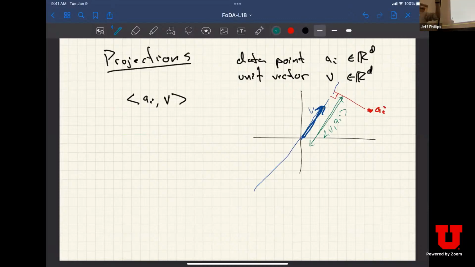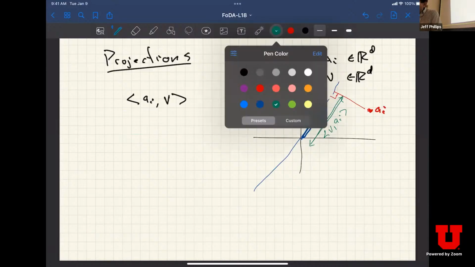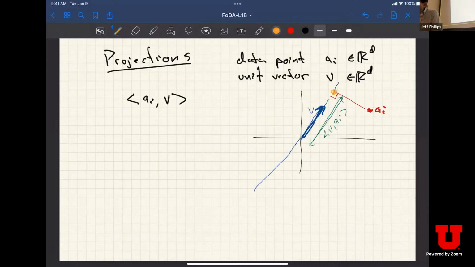But what we want is a little bit something else. We want actually this point here. So this point, we're going to call this point the projection onto V of AI. We want that point instead. Okay, so I say this V represents a subspace that goes through that vector, a one-dimensional subspace, so a line that goes through the origin. So it can be really high dimensions, but it's still a line.